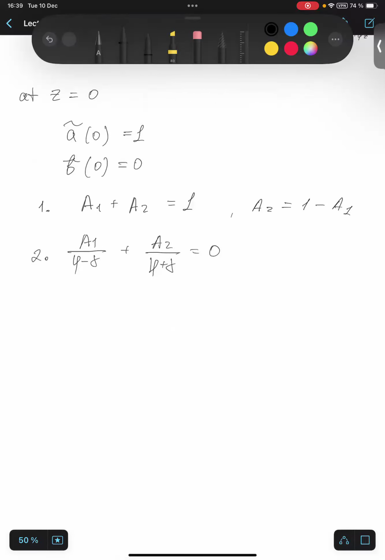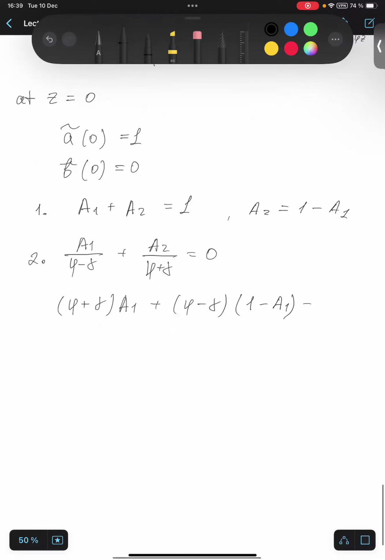Let's try to solve this system. So phi plus gamma times A1 plus phi minus gamma times (1 minus A1) equals 0. So A1 times 2 gamma equals minus phi minus gamma.